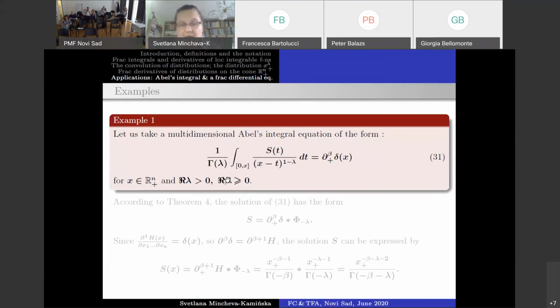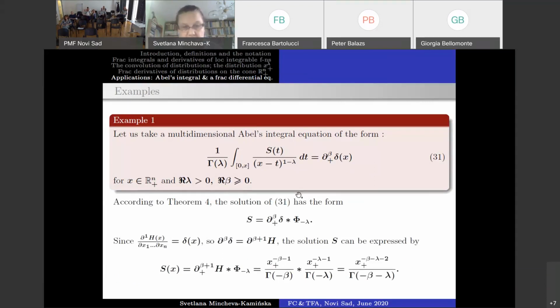And the solution, of course, has this convolution form.